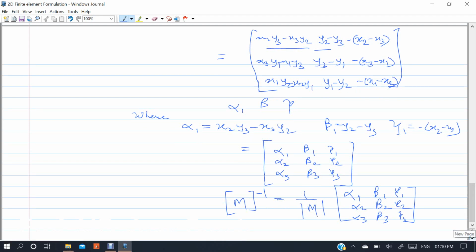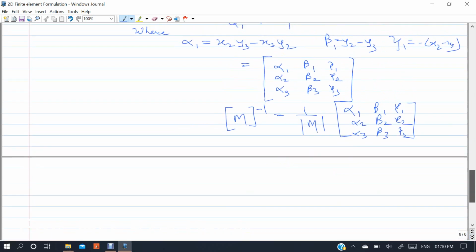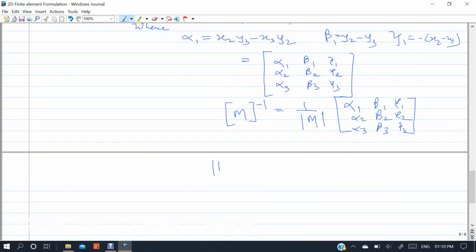Okay, so now the determinant of M equals 2A. What is A? A is the area of this triangular element, that is triangle e b c.